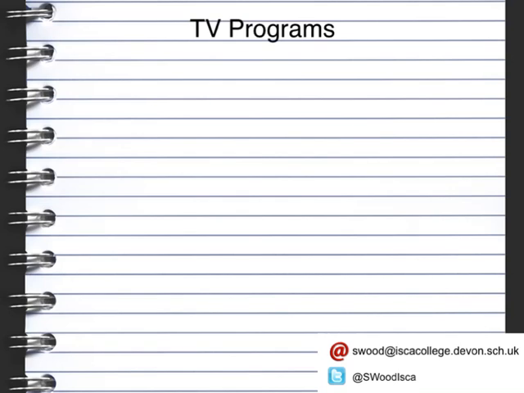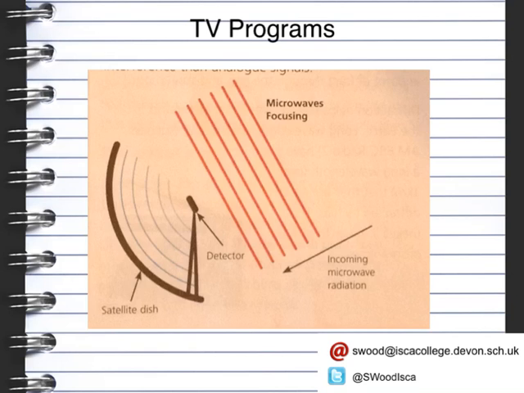Now, what a satellite dish does is it focuses the wave. Now, I'm going to quickly show you a diagram. On this diagram, the red lines show the crest of a wave. We've got the wave incoming, and you can see that there is a distinct regular pattern in the wavelength. You also notice that they're coming in straight.